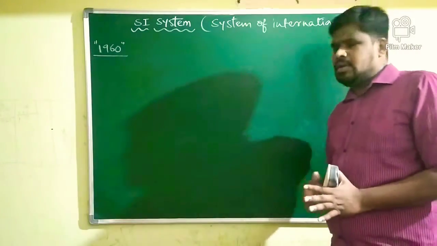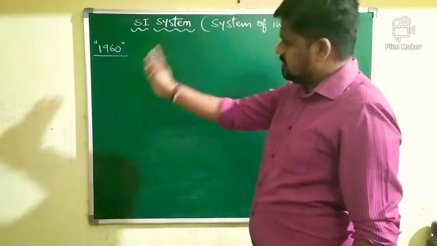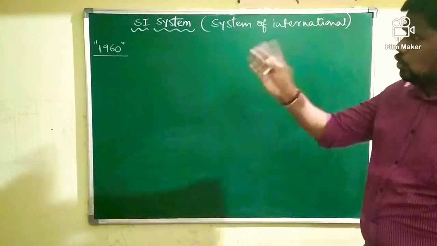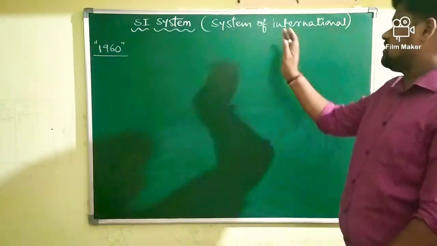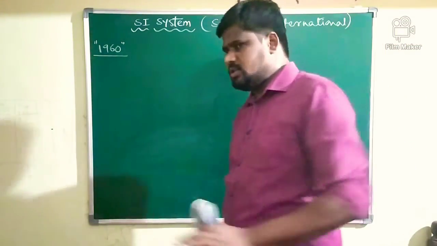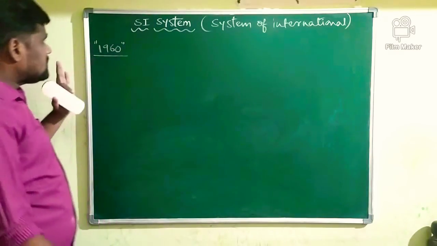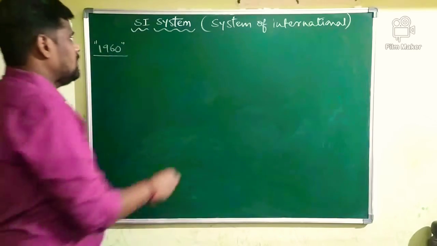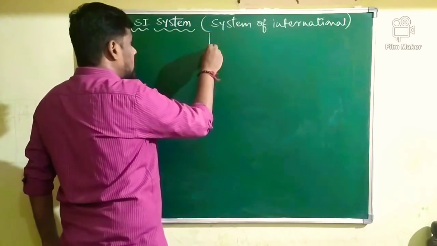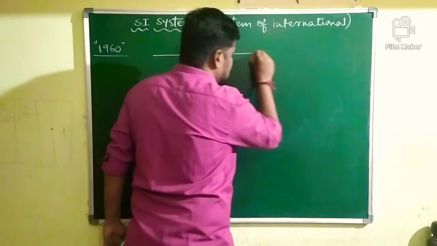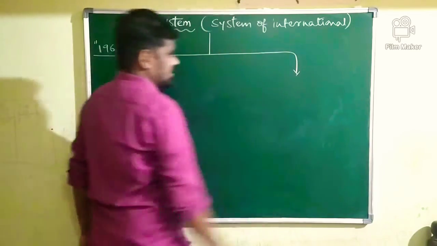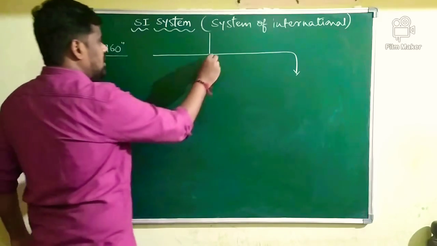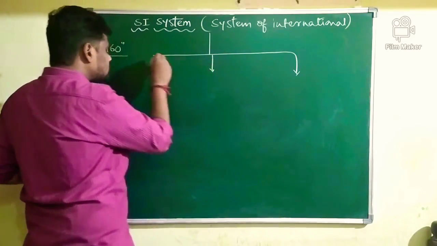So ultimately, in 1960, a decision was taken to follow one system of units across the globe. That system we call the SI system, or the system of international. In the SI system, the units of physical quantities are mainly classified into three categories.